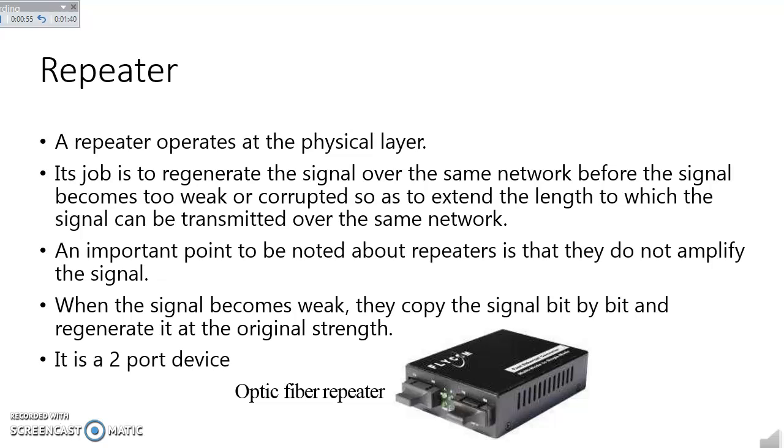An important point to note is that repeaters do not amplify the signal. When the signal becomes too weak, they copy the signal bit by bit and regenerate its original strength. It is a two-port device. This diagram shows an optical fiber repeater.